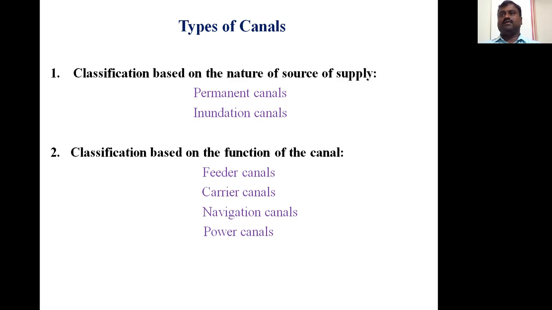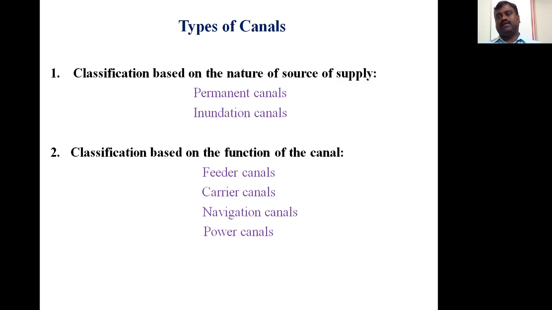Permanent canals are those which are constructed generally from the permanent resource point or the river which flows throughout the year. Permanent canals are constructed with the head regulators to regulate the flow through the canal section.